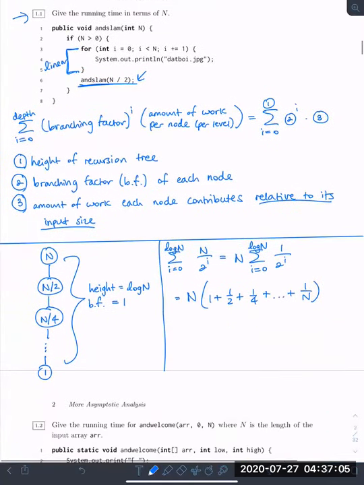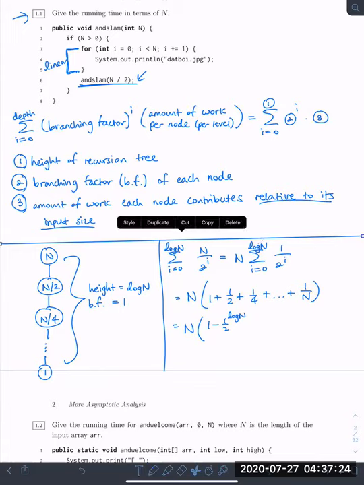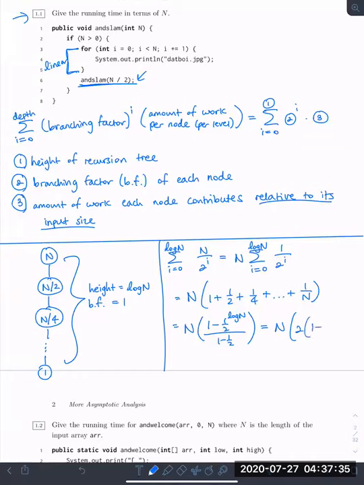And so it is going to be n times a1. a1 is just 1, so I'm not going to write that. 1 minus r. r is 1/2, right? We're multiplying by 1/2 to each term to get to the next term. So 1/2 to the log n, right? Our n in the formula is actually log n. And then divided by 1 minus r, which is 1 minus 1/2. Okay, so if we expand this out, the denominator is going to be 1/2. Flip that, so it's going to be n times 2 times 1 minus 1/2 to the log n, right?